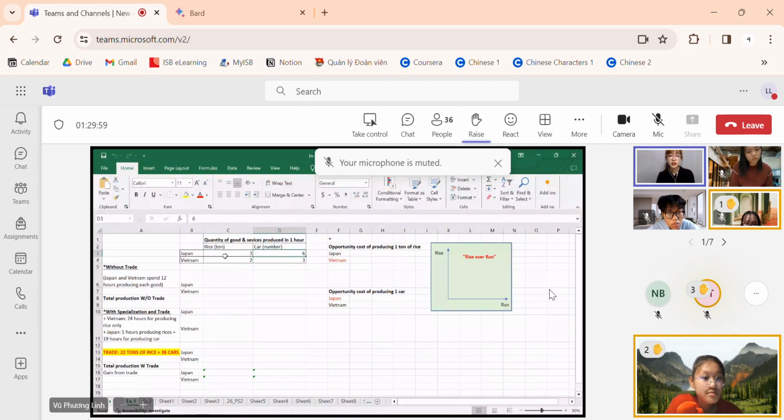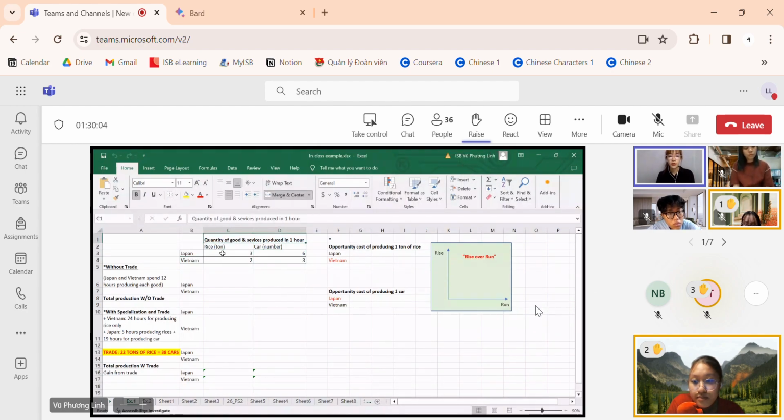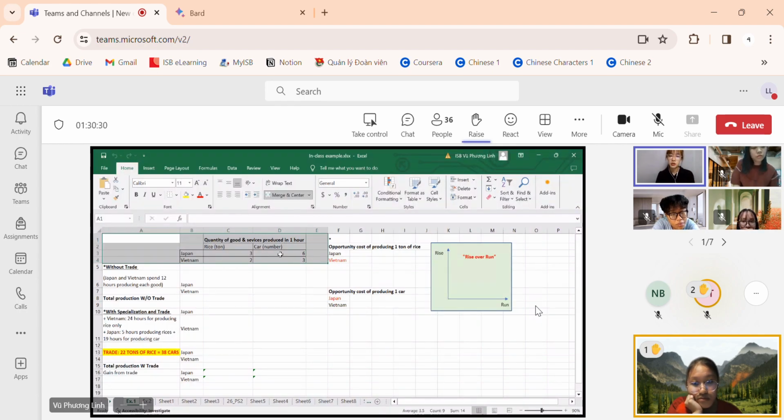Correct, because you see, in 1 hour Japan can produce 3 tons of rice and 6 cars, but Vietnam only 2 tons of rice and 3 cars here. So Japan has the absolute advantage in both rice and car production, but Vietnam has nothing. Okay, right. But as we learned, the reason for trade is not about the absolute advantage. This is about comparative advantage.